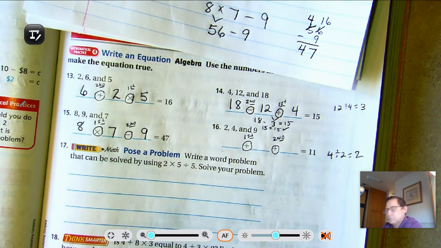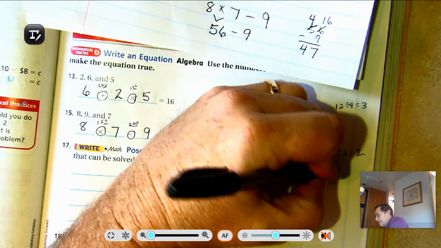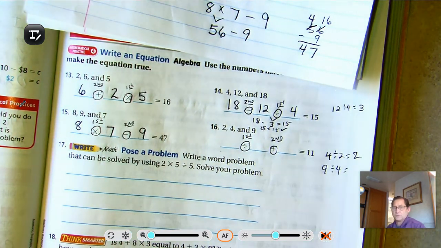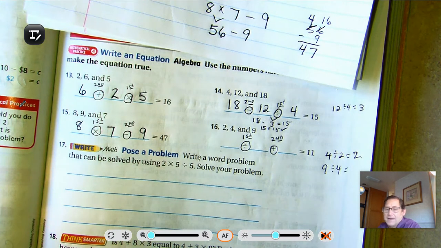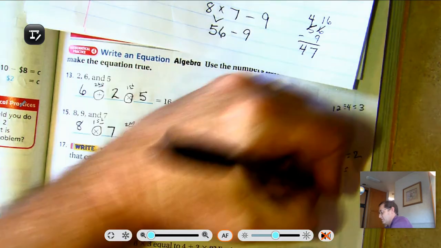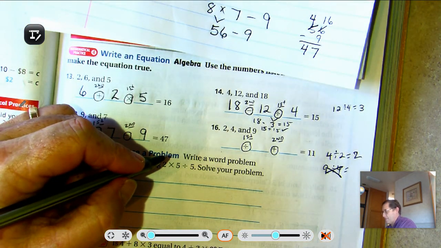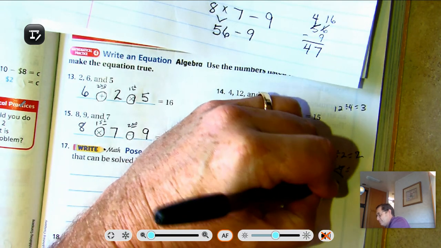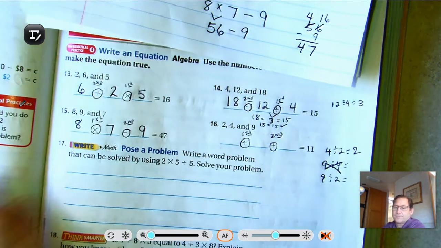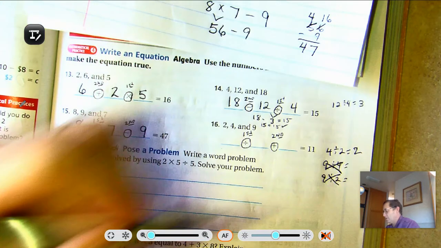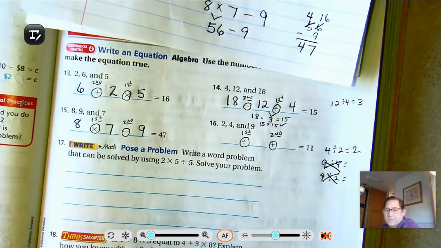No. So we can't divide 9 by 4 evenly. So that doesn't work. I can't divide 9 by 2 either. 2, 4, 6, 8, 10. I never say 9. So the only division possibility is 4 divided by 2.